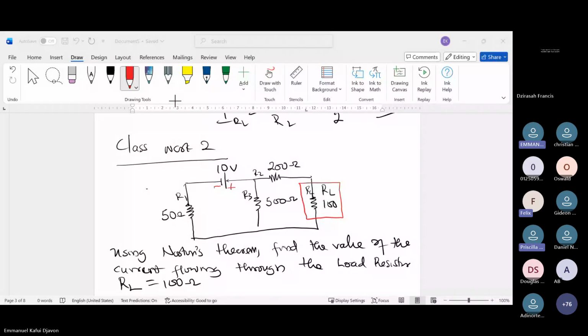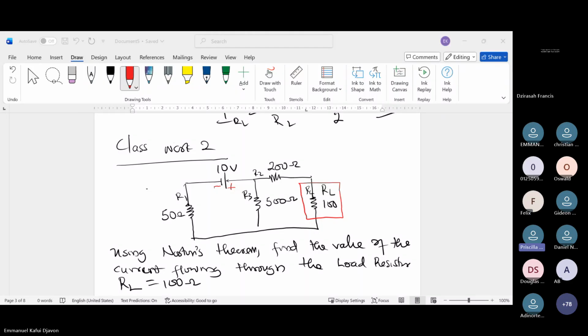So what will the formula be? That is the product rule of finding the total resistance. RT is equal to Rn times RL all over Rn plus RL.